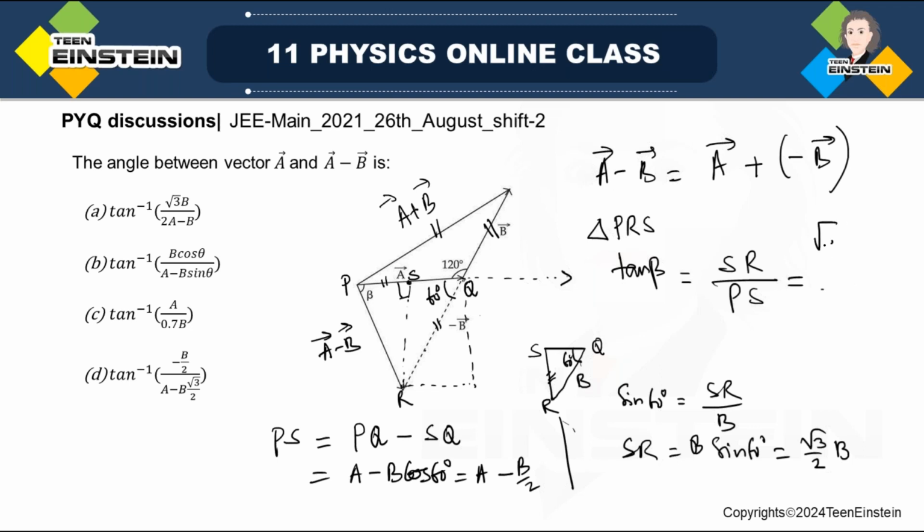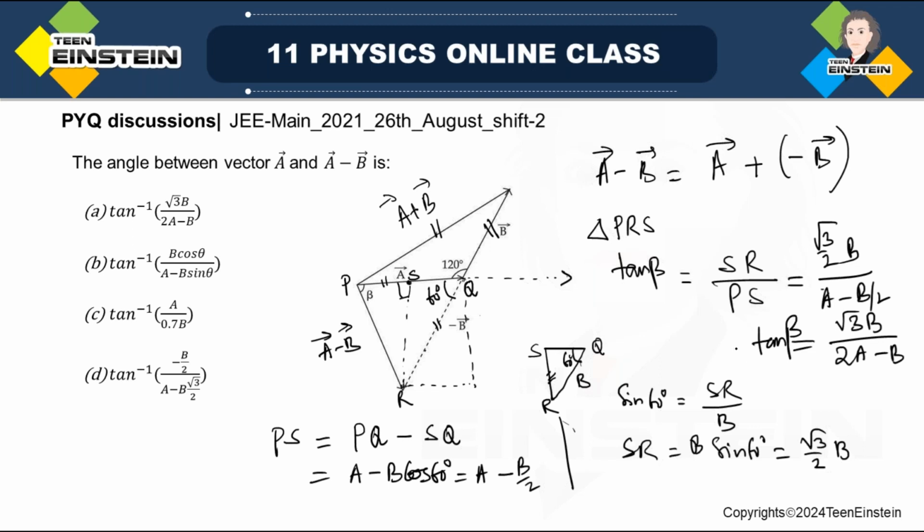Root 3 by 2 B divided by PS is A minus B by 2, right? So it will be root 3B divided by 2A minus B, and this is nothing but tan beta.